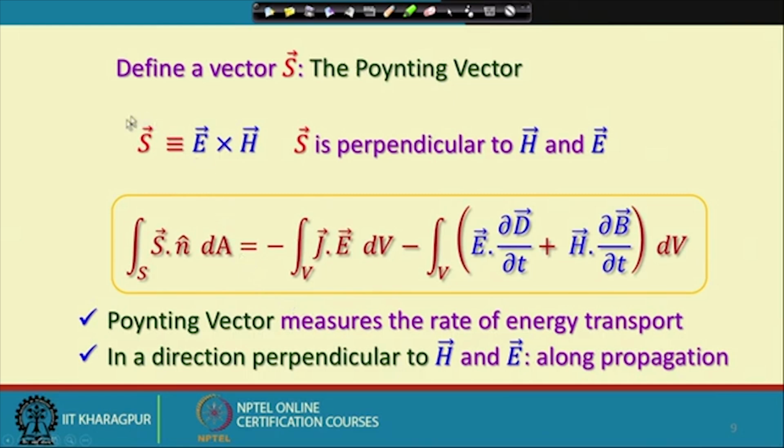So, the propagation direction is the direction along which the energy transport takes place.